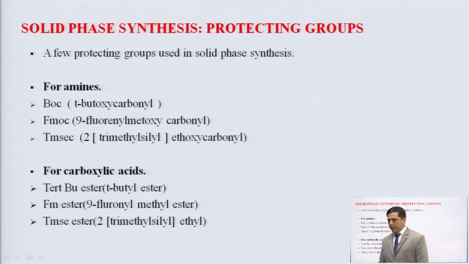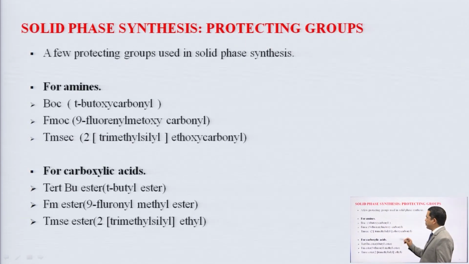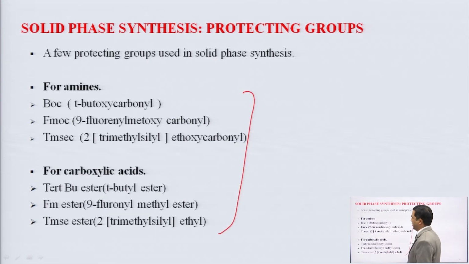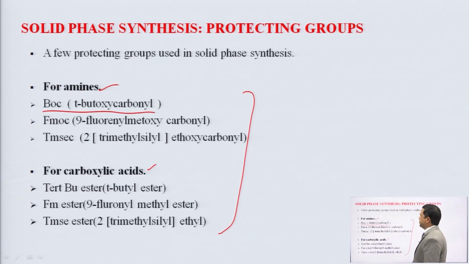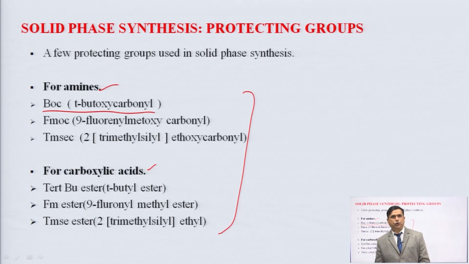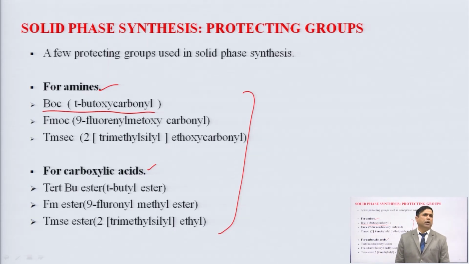In solid phase synthesis, there are various types of protecting groups that we use. For amines, if our product has amines, the protecting groups that we use are Boc, tert-butoxycarbonyl, Fmoc, 9-fluorenylmethoxycarbonyl, and Teoc, 2-trimethylsilylethoxycarbonyl.